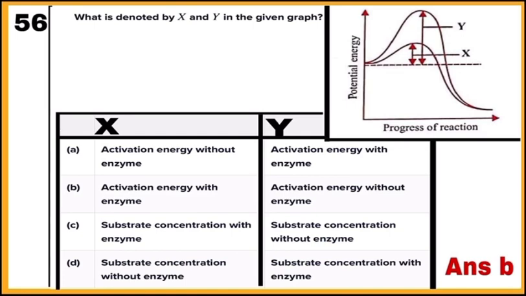Question 56. What is denoted by X and Y in the given graph? Option B. X is the activation energy required for the reaction in the presence of enzyme, and Y is the activation energy required for the reaction in the absence of enzyme. So basically enzymes reduce the activation energy. So here option B is the correct answer.